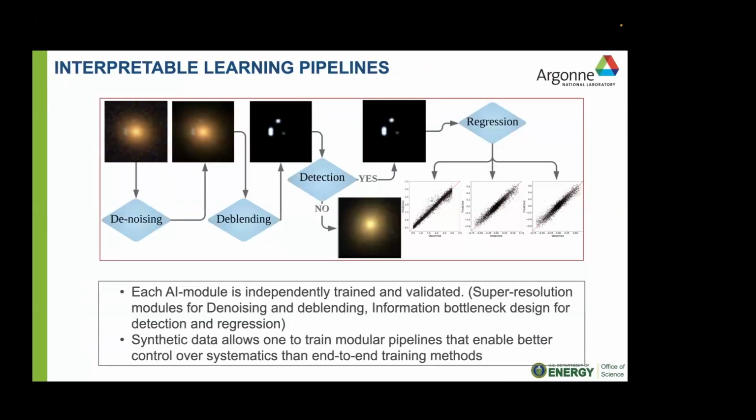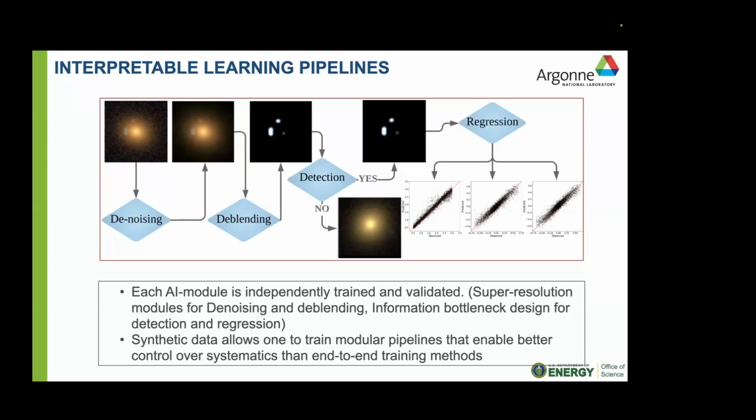So what we did is, instead of a single deep neural network, we made an entire pipeline of different AI modules. The first module was only tasked with image-to-image mapping. All it did was denoising: it takes a noisy image and cleans it up, and you get a cleaner version as the output. The next one is source separation, or deblending, which means I separate the foreground from the background.